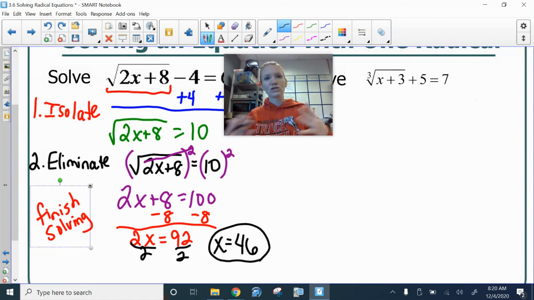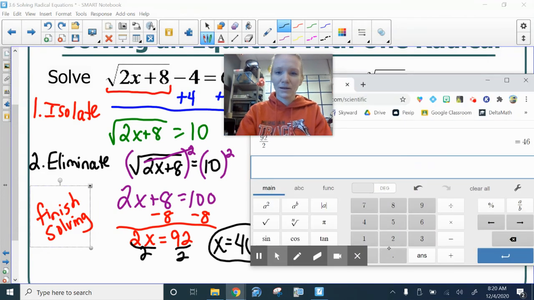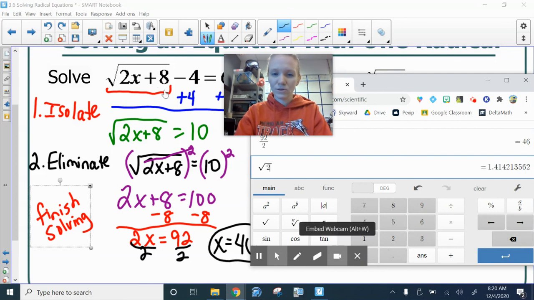Now, technically, you should check the answers to make sure that they are right. If we wanted to, we could double check this by plugging it right back in. I know I haven't done that because most of the problems have been pretty simple. But our original problem was 2x, so 2 times our x, which was 46, plus 8.